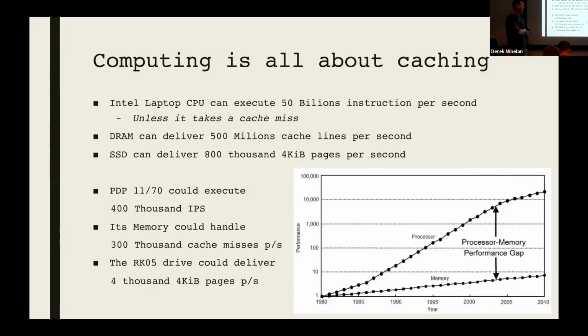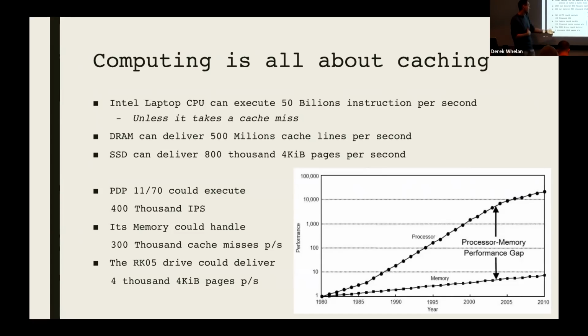SSD, again, 3 orders of magnitude less, for pages per second. So basically, this is the problem that was always there. And if you take a look at some older hardware, the PDP-11 did 100,000 instructions per second, but the memory was quite comparable in speed to today's memory. So it was the same order of magnitude.